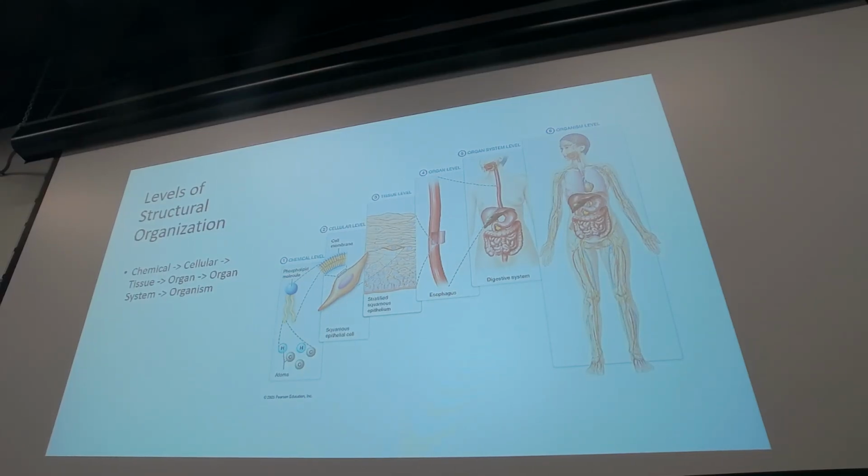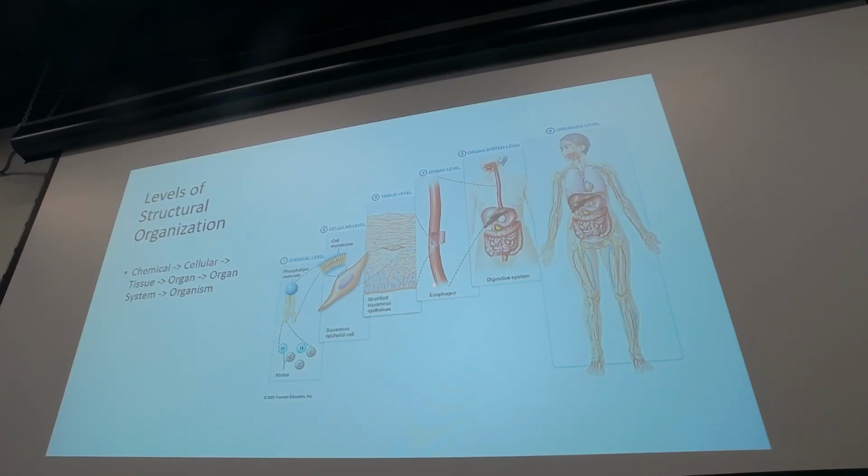And cells, we have different types in our body. So for instance, we have skin cells, heart muscle cells, skeletal muscle cells, bone cells, and they confine into specific areas in our body to make the tissues. And different tissues, this is the type of tissue that we have in the skin, but also in the esophagus, but different tissues form organs.